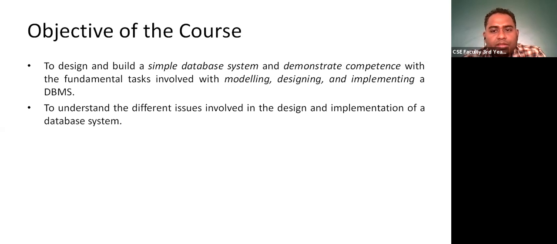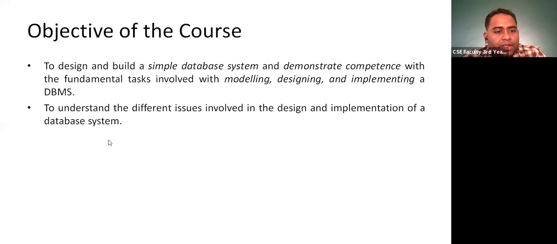You'll get real-time, real experience, and demonstrate competence with the fundamental tasks, like what tools you have learned and how you are going to implement them while designing your database system or entity relationship diagram. Based on that entity relationship diagram, you will be able to create tables and create the whole system. Those things we'll be learning.